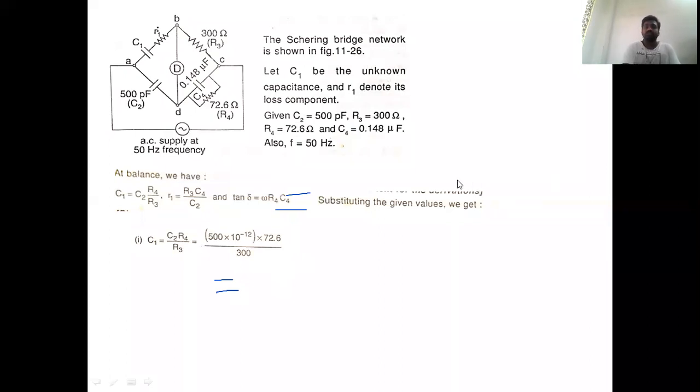Most people got 121 picofarad, that is 121 into 10 to the power of minus 12 farads.